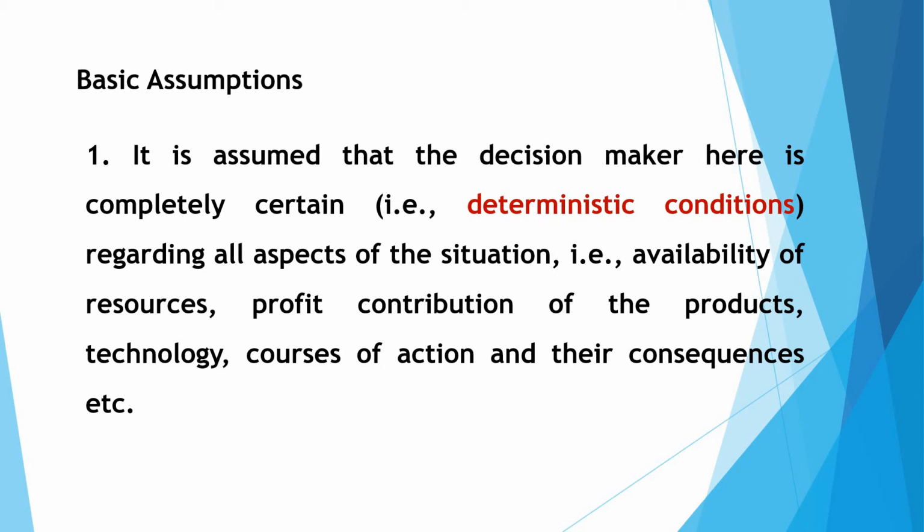And deterministic conditions means whatever parameters are given in terms of hours, in terms of utilization, maximum utilization on machines, or in terms of profit contribution are known and constant, irrespective of availability of the resources, that is maximum hours available, profit contribution of the products, technology, course of action, and their consequences.